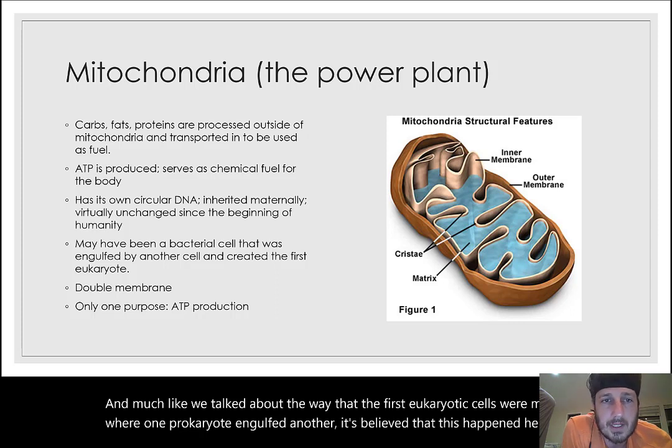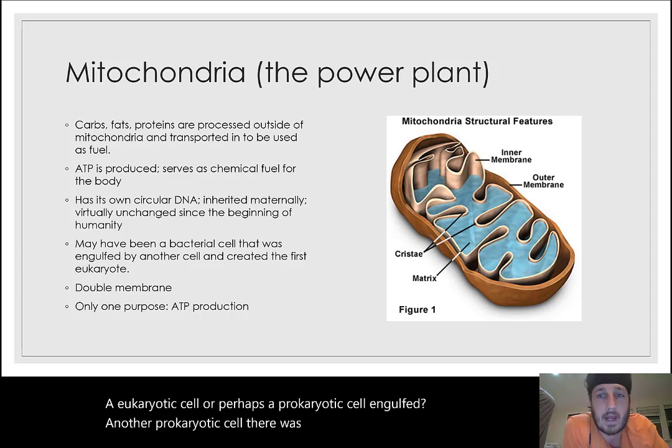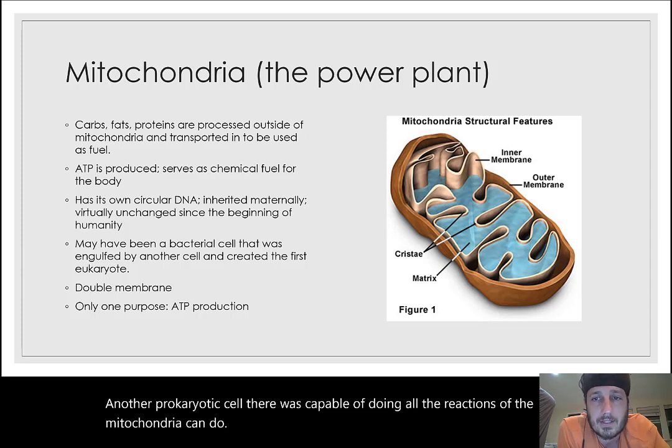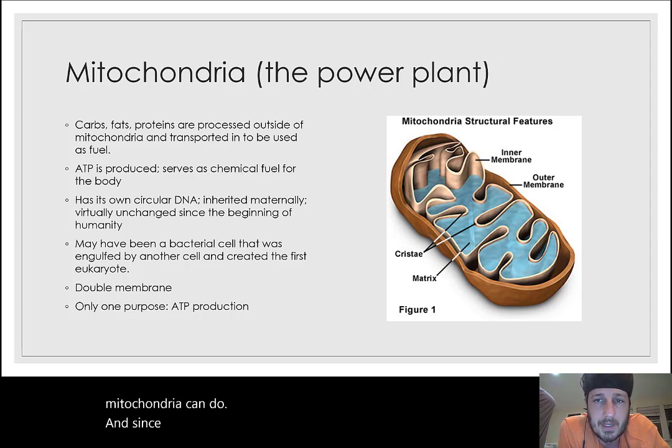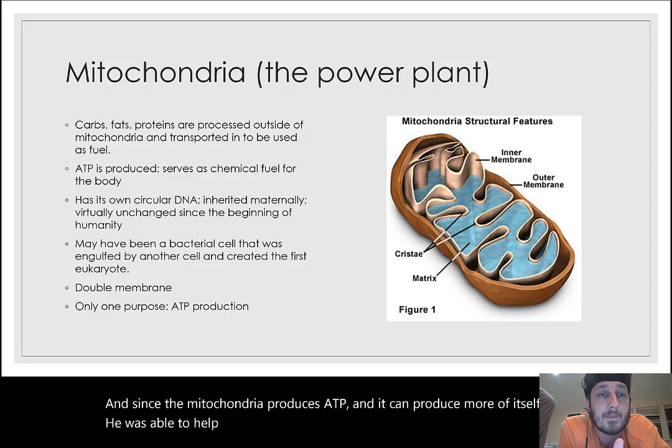A eukaryotic cell, or perhaps a prokaryotic cell, engulfed another prokaryotic cell that was capable of doing all the reactions that the mitochondria can do. And since the mitochondria produces ATP and it can produce more of itself, it was able to help the cell and to replicate itself and become a part of new cells as they were created.